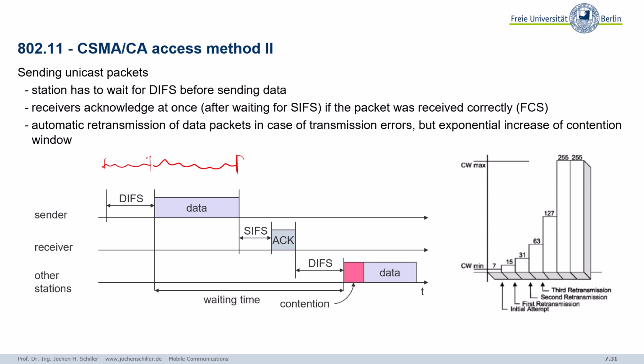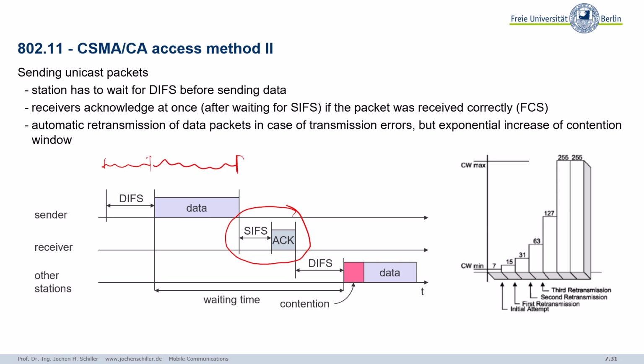That's important because you do not know if your data has really reached the receiver. So this is why we always have an acknowledgement mechanism, and the acknowledgement is sent back after a short interframe space.